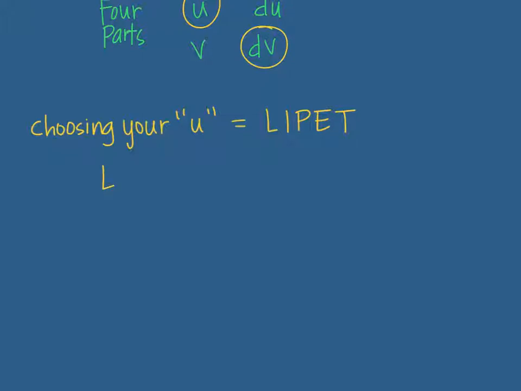So L stands for a logarithm. If any part of your problem is a logarithm, that'll be what you choose for u. I stands for inverse, and it's specifically an inverse trig. If you don't have a logarithm, then you look for an inverse trig. If you happen to have one of those, that'll be your u.